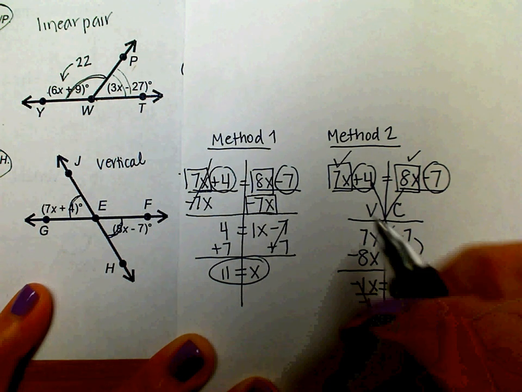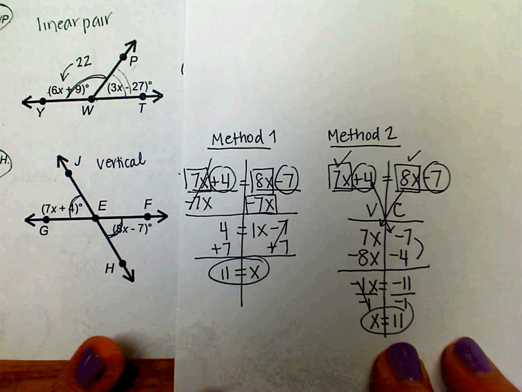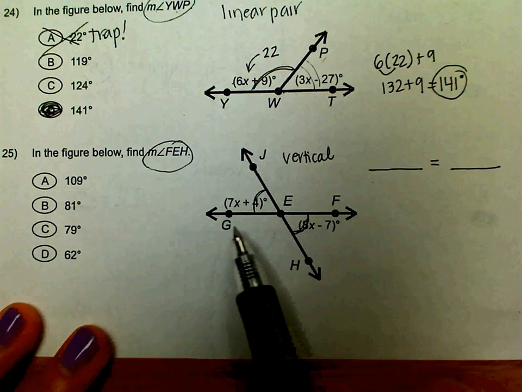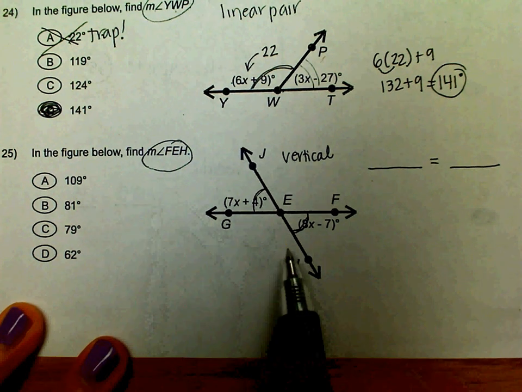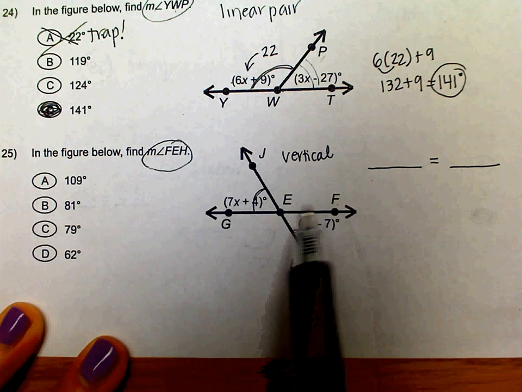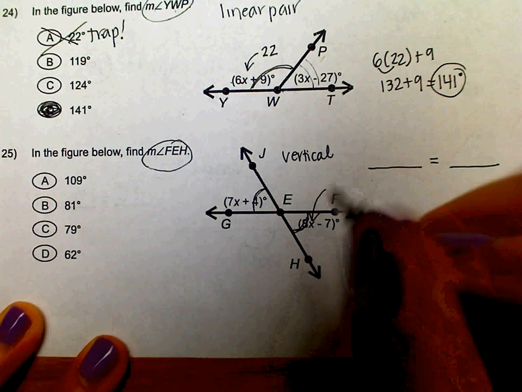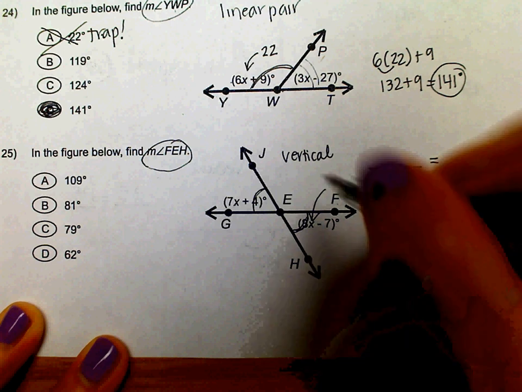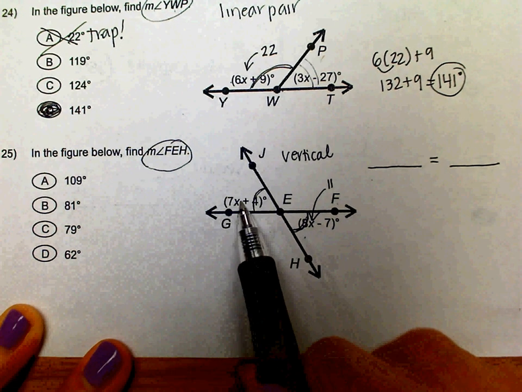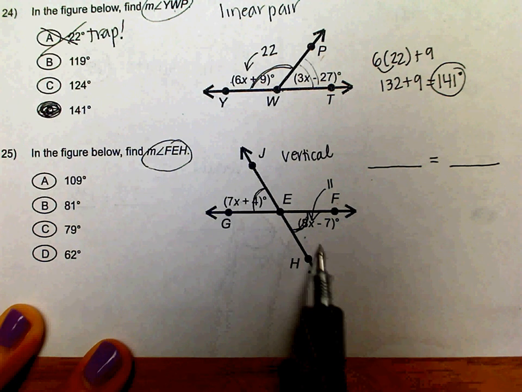Now, we're going to plug that x equals 11 into the angle that they're asking us to find. Be careful which one you plug into because, yeah, so angle FEH, we are plugging in, what was it, 11. So 11's going in here. And the cool thing is, actually, for vertical, if you plug it in here, you should also get the same answer because they're going to be the exact same angle measures.